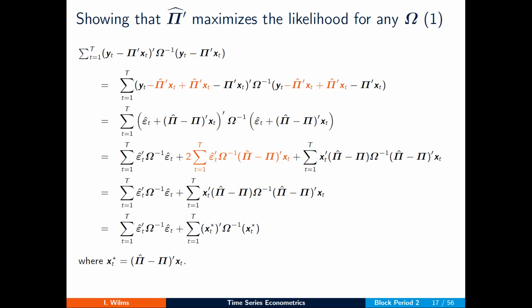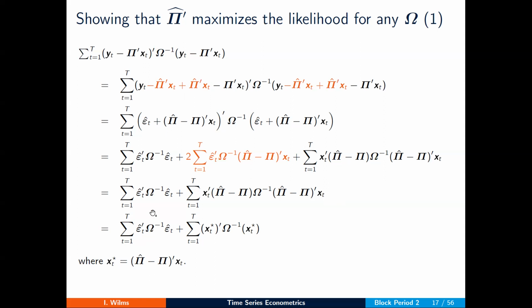And on the next slide, I will then convince you of the fact that this red term is indeed 0. So leaving out this 0 term, we are then left with these two terms over here. And to arrive at the next line, I simply define a new variable x star as this product over here.